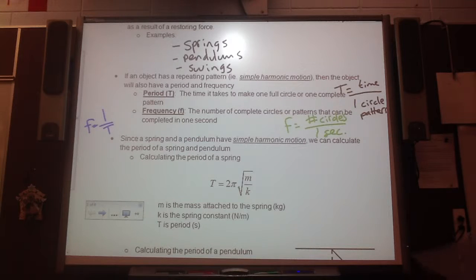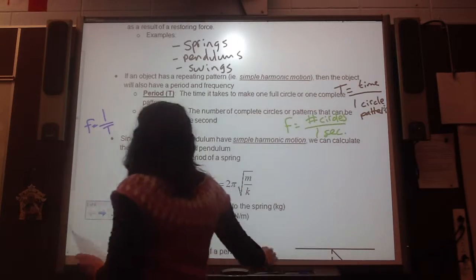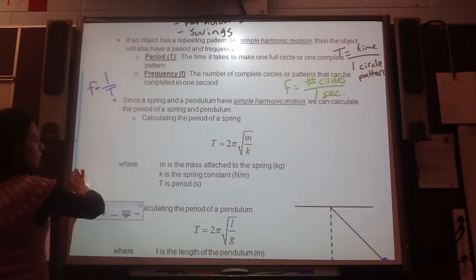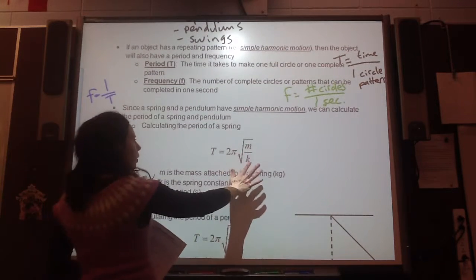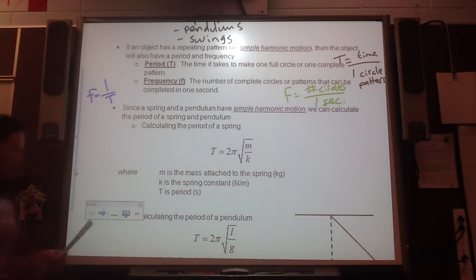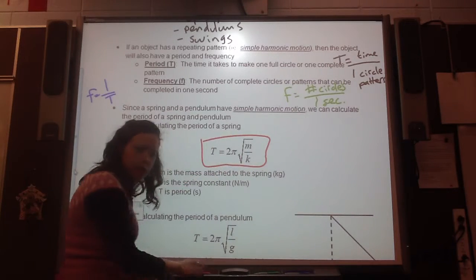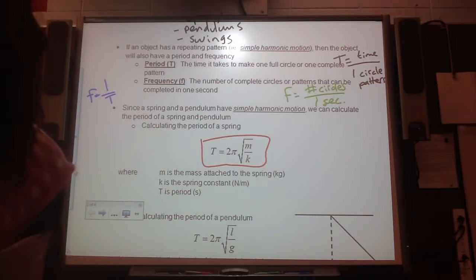Yeah. So since a spring and a pendulum have SHM, we can calculate the period of a spring and a pendulum. So for the period of a spring, we need to use our spring knowledge, which includes the spring constant. So this is a formula that we need. So now pull out your formula sheets. Let's see what we got on there.